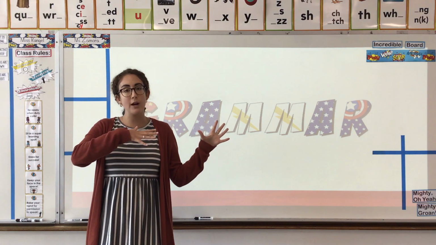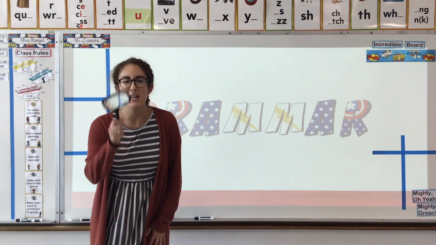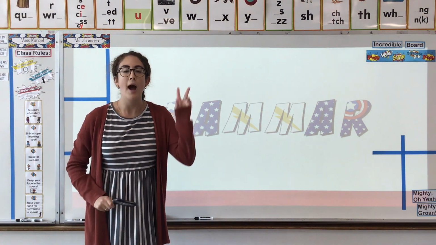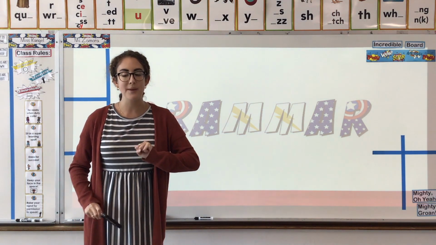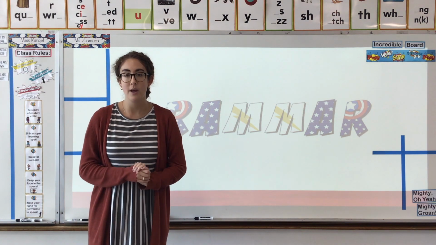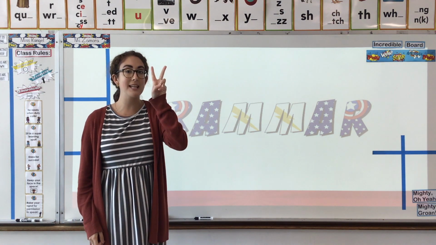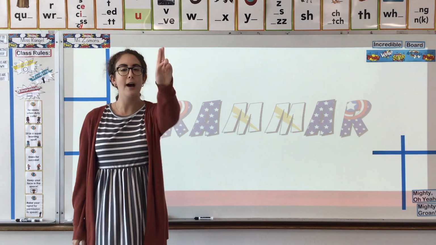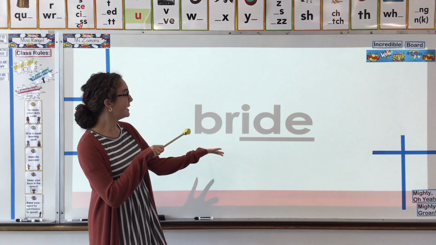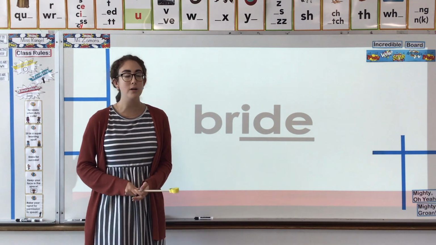So before we get to grammar, we've got to practice our decoding detective skills with words that have important vowels in them. Today we're going to be paying attention to the vowels in the word. You're going to see vowel consonant E or our good old vowel teams. So let's take a look. What vowel pattern do you see?